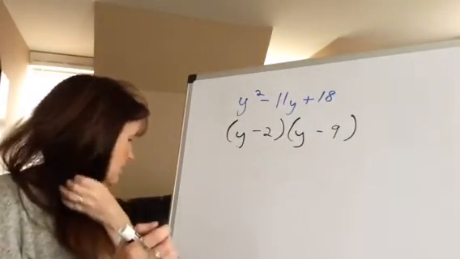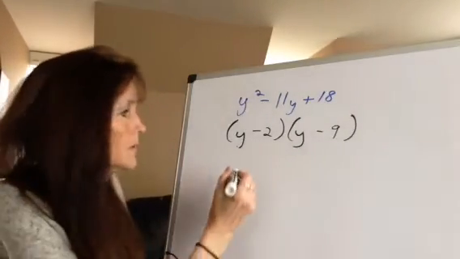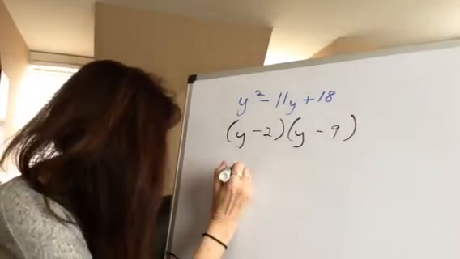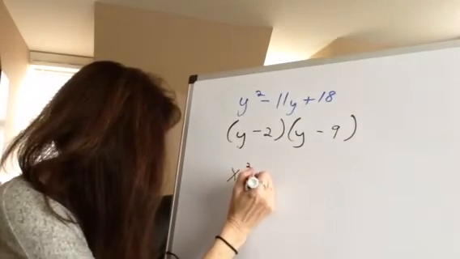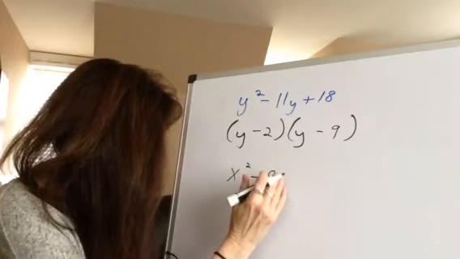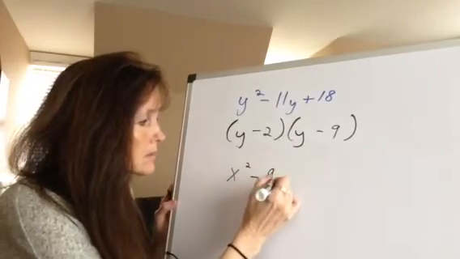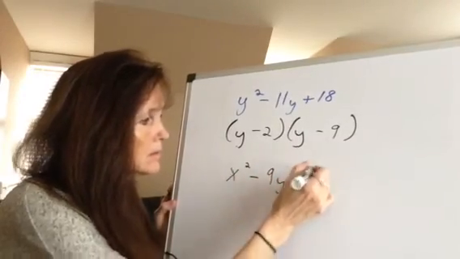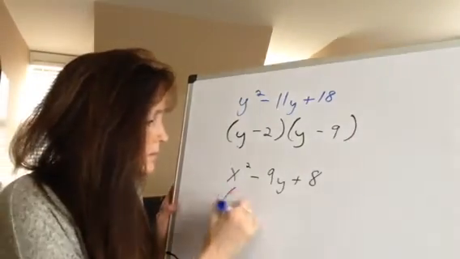Suppose you had, let's do one more like that. Let's make it x. X squared minus 9x plus 8. Okay, 2 parentheses.